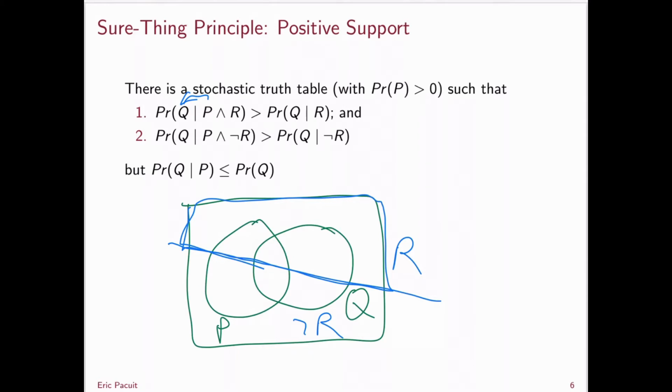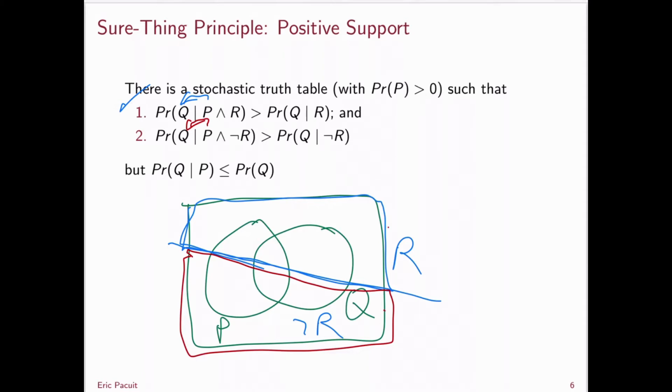And then suppose we find that it does. And then we can ask, what about the not R region? Let's look at the not R region now. So we'll consider what happens when we condition on the not R region. And we find that P does positively support Q given the not R region.